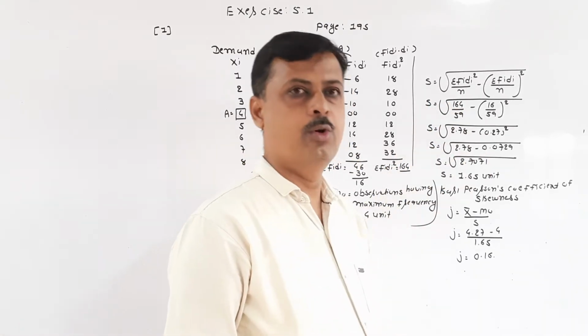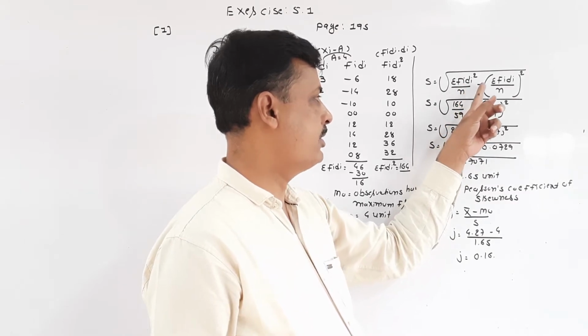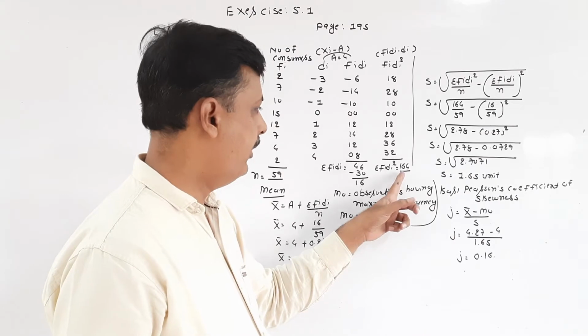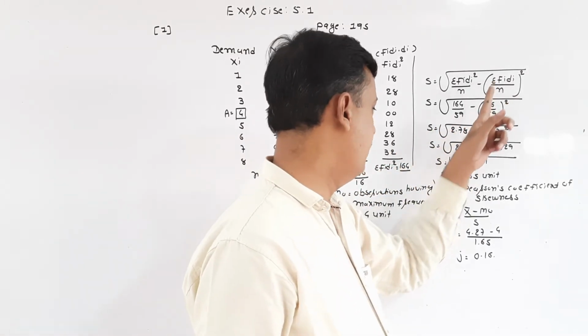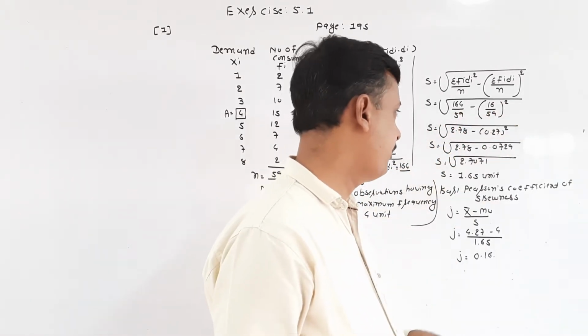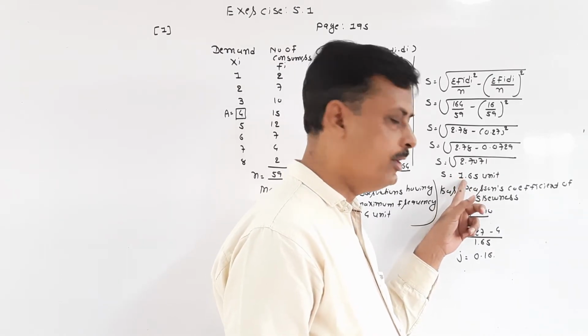Standard deviation is equal to under root of sigma fidi square upon N minus sigma fidi upon N whole square. Sigma fidi square is 164, N is equal to 59, sigma fidi is 16 divided by 59 whole square. So standard deviation is 1.65 units.